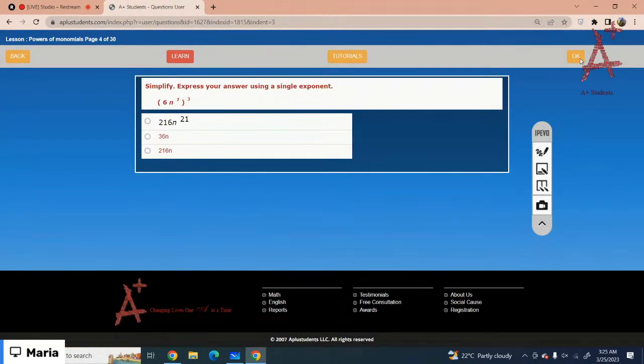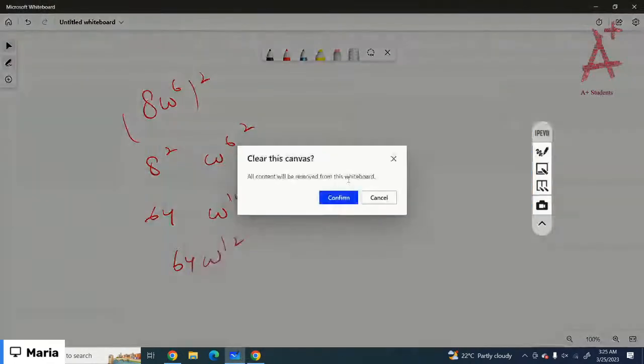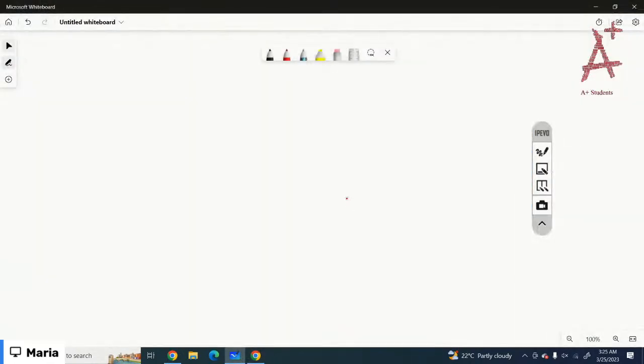Okay, 6 n to the 7, whole cubed. That means 3 is the exponent for both 6 and n to the 7.